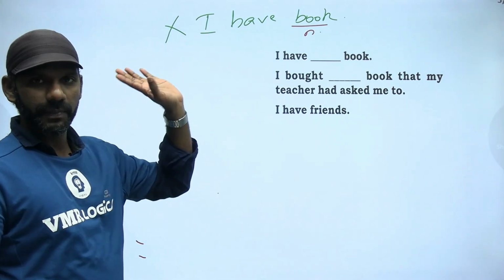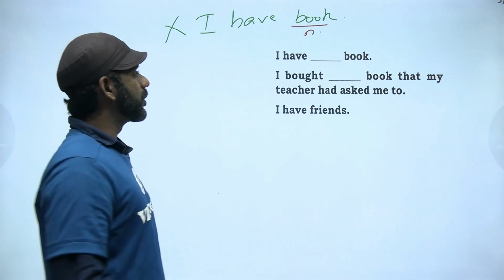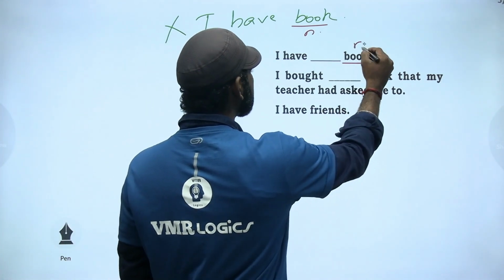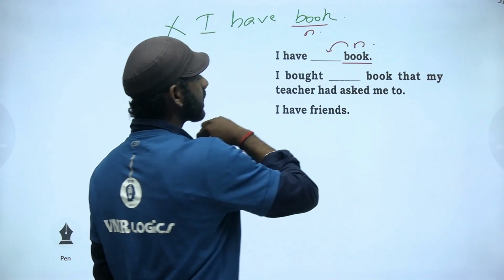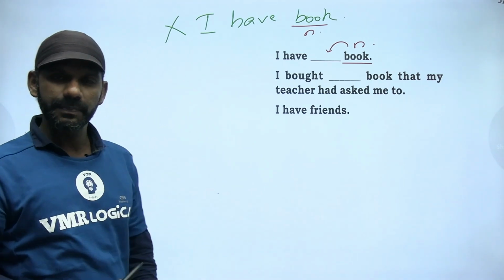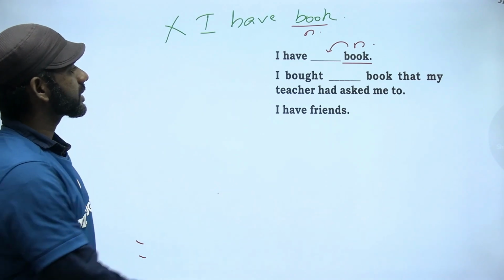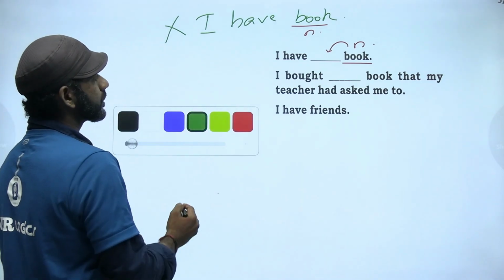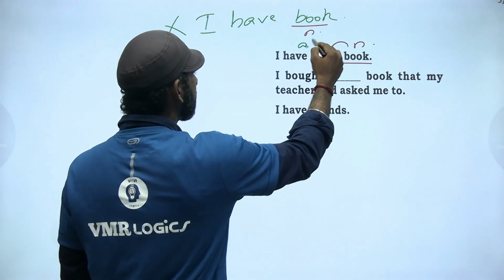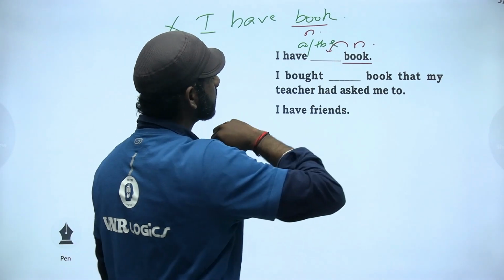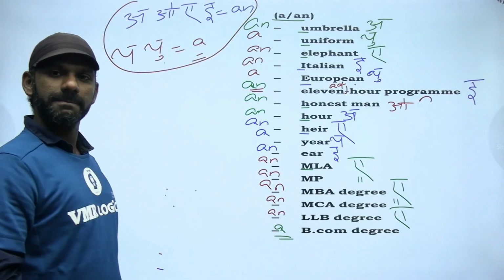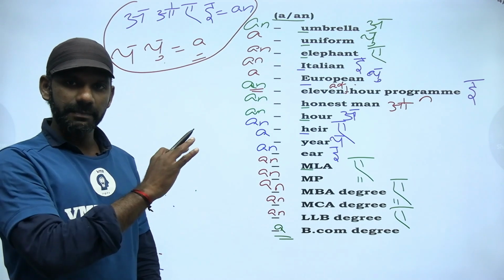So I have book is wrong. Book is a singular countable noun. So before it, there will be a, an or the. Anyway, we cannot say an book. Now my question is, in this sentence, should it be I have a book, I have the book, or both are correct? Leave it there. I'll come back to it.